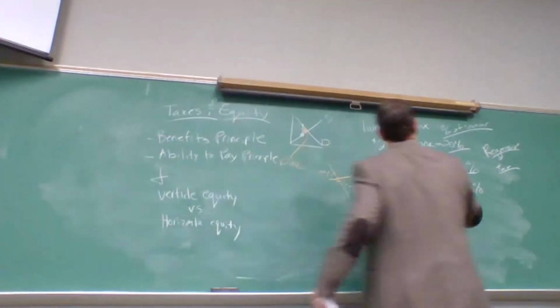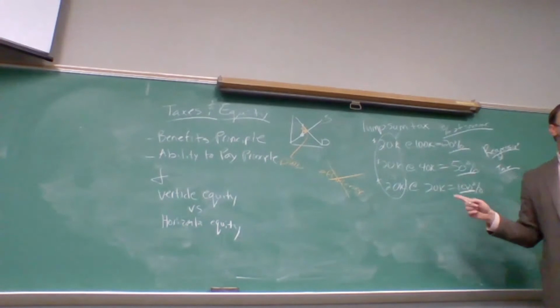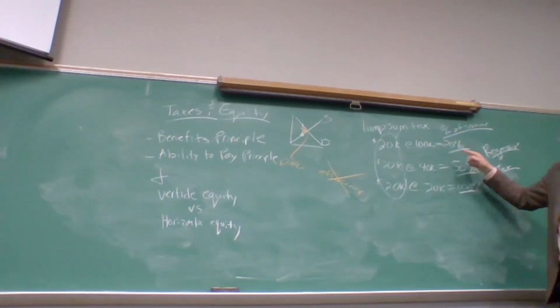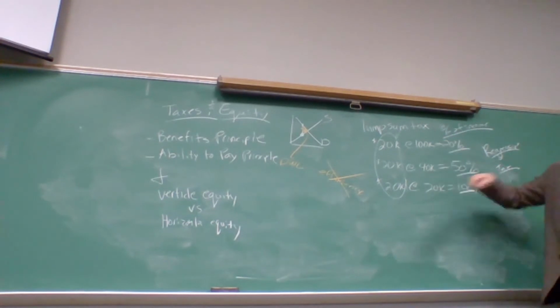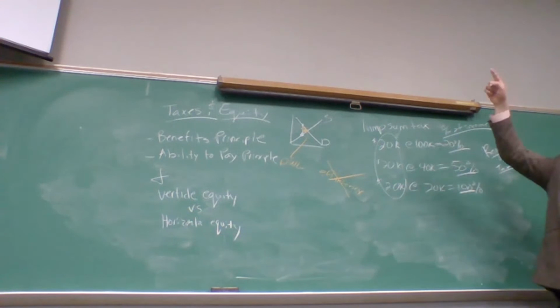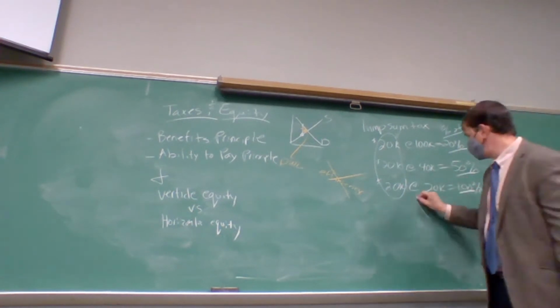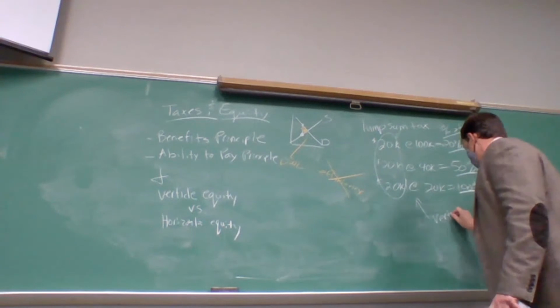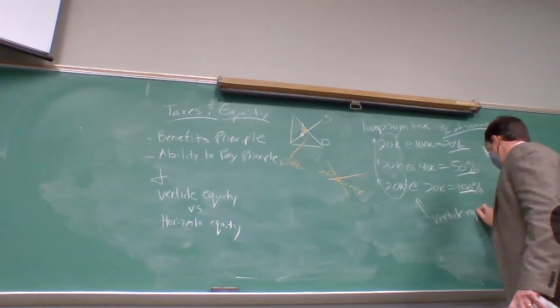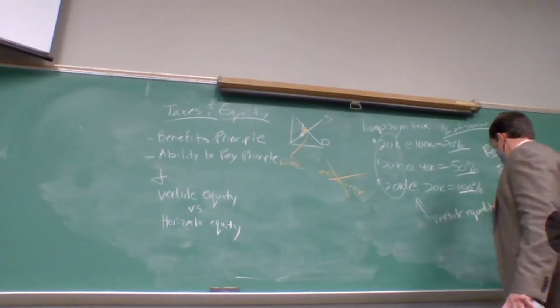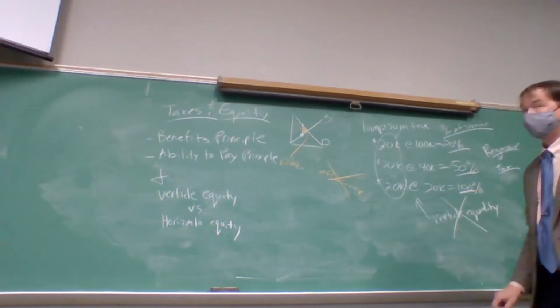In this situation is there vertical equity, meaning people who earn less and more, okay? So this person earns more than this person. That's vertical, right? 20,000 versus 100,000 and people in between. This is an issue of vertical equality. In fact, it ain't happening.